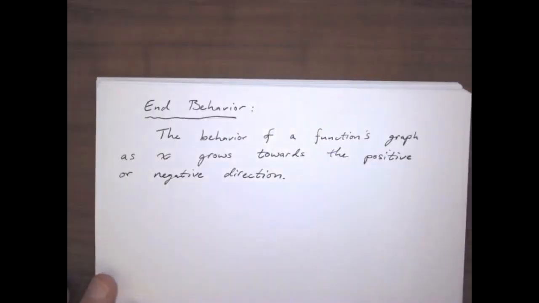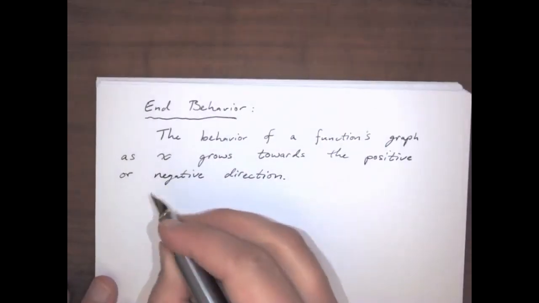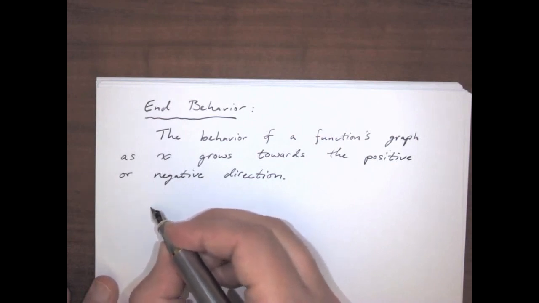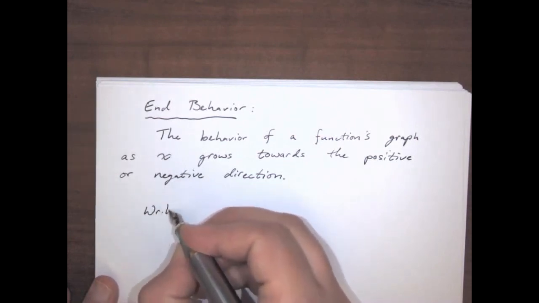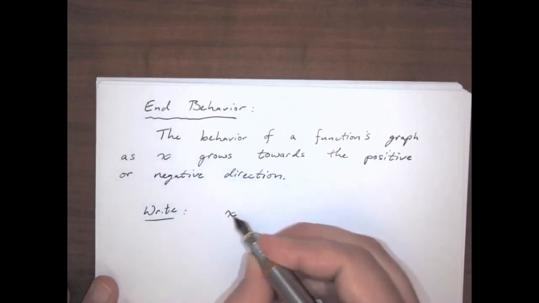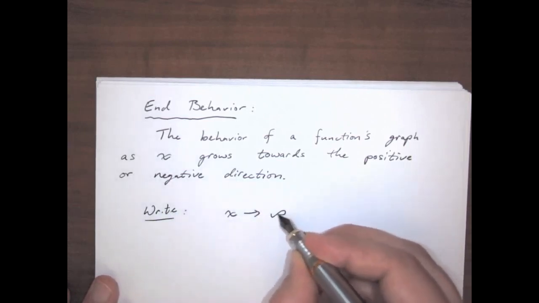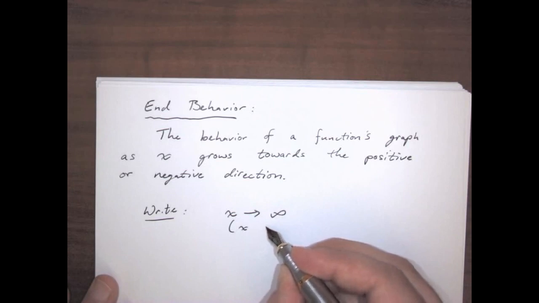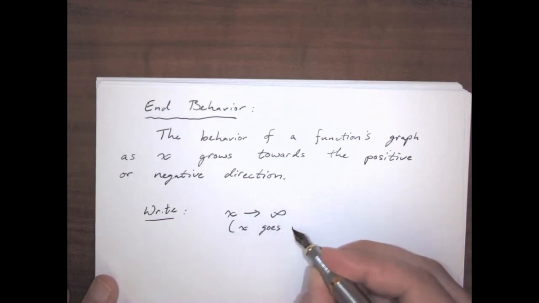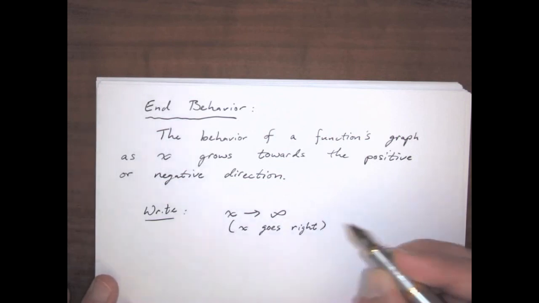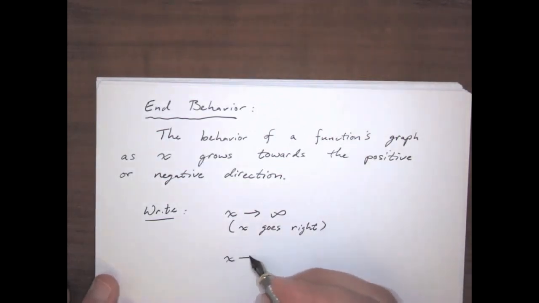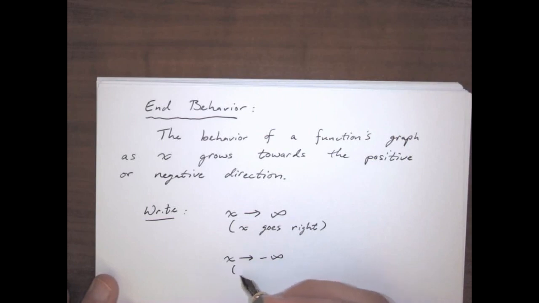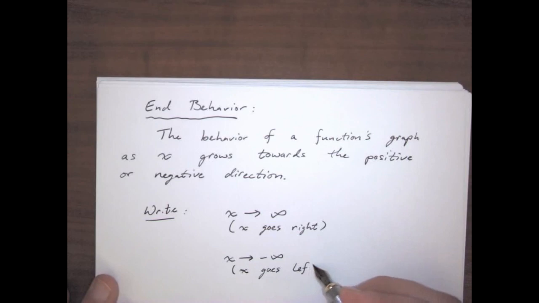So the way we write these things is we say, so we write x and then an arrow to infinity. This means x goes to the right, x approaches infinity. Or we write x approaches negative infinity to mean x goes left.